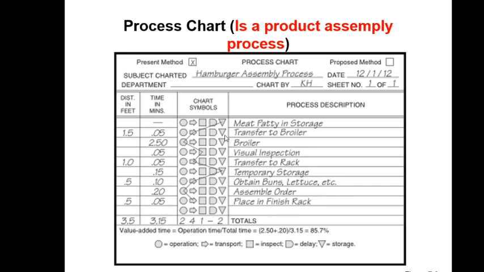Like here, if you want a hamburger assembly process, this is the assembly to make one unit, or one piece, of a burger. Then you can see the distance in feet that you have to move, and the time in minutes. I don't want you to memorize this, as I told you. I just wanted you to know the meaning of a burger assembly, like in McDonald's also.